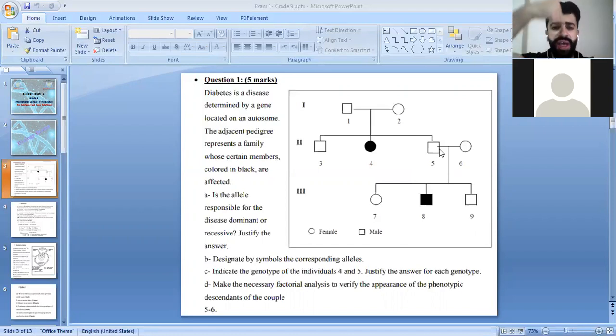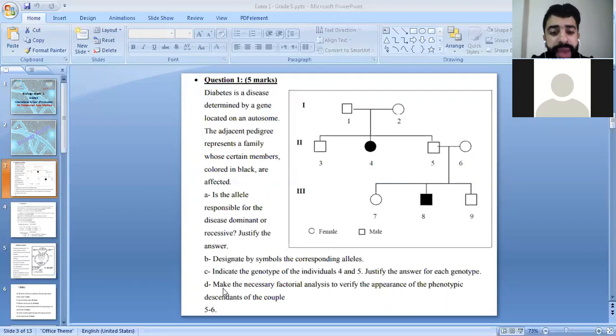So first, I'm sure 100% that we have N. But individuals 5 and 6 gave birth to an individual 3, 8, which is affected and has DD. So 5 and 6 are carriers for the allele of the disease. So they are heterozygous, so they are hybrid, having genotype N D. If you said NN, false. If you say DD, also it's false.